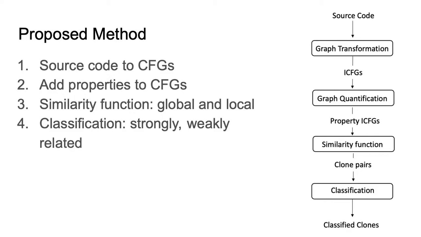We make a graph quantification, which is that we observe its properties, we parse the properties of every CFG, and then we input these CFGs with properties into the similarity function, and the similarity function gives us clone paths of how close individual CFGs are, and then we classify all those clones by a measure, and hence the classified clones.